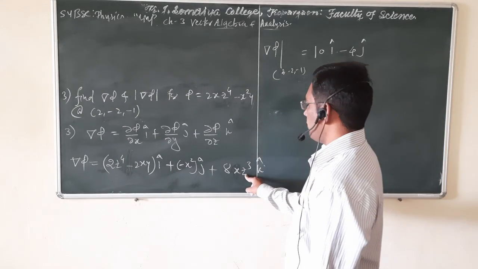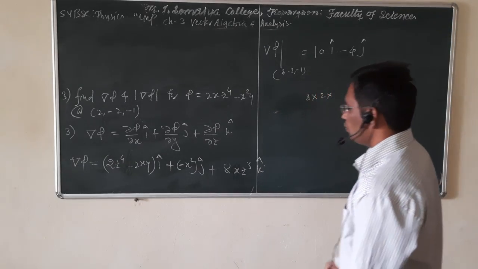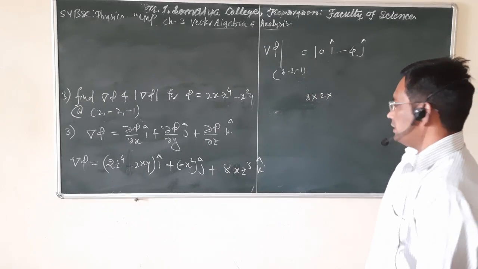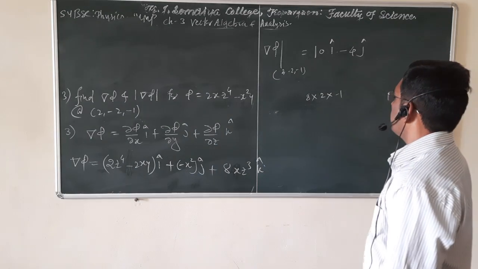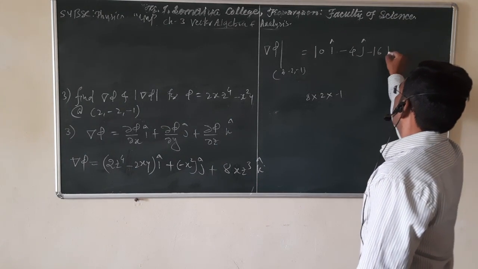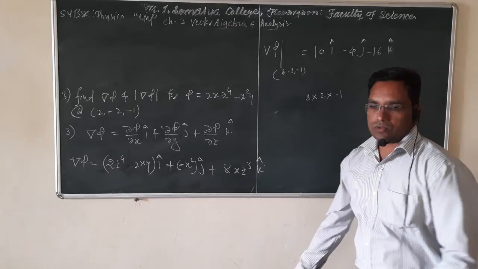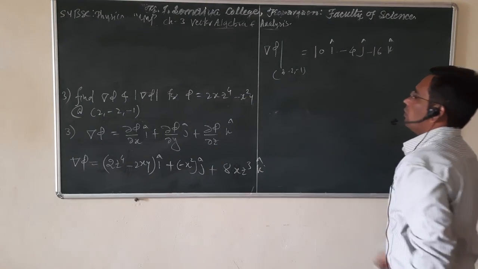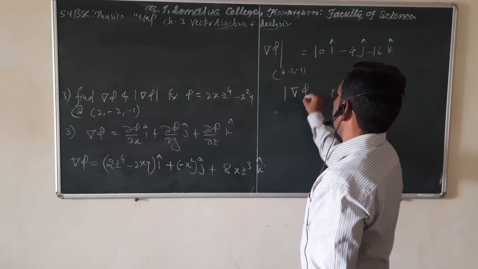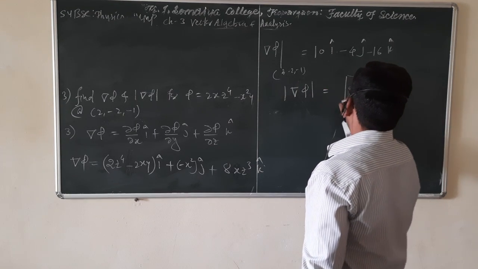Z is minus 1, so the cube of minus 1 is minus 1, so that will become minus 16 k cap. So this is the gradient of this function at that point.